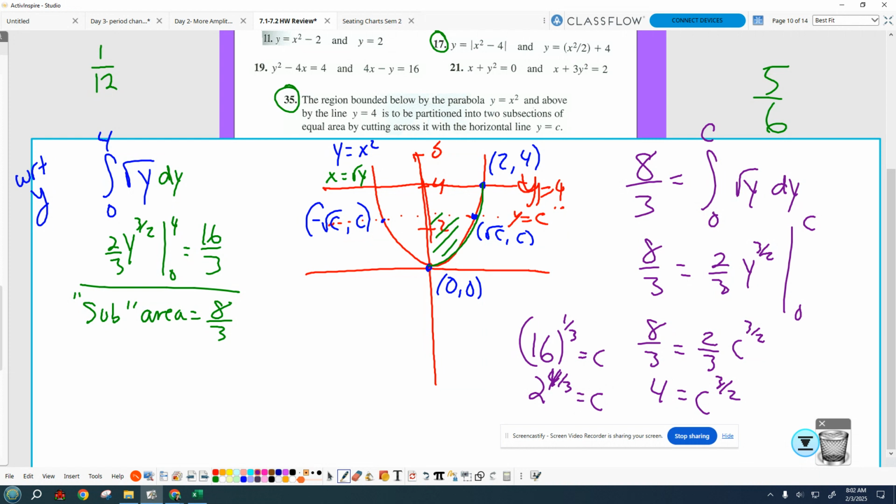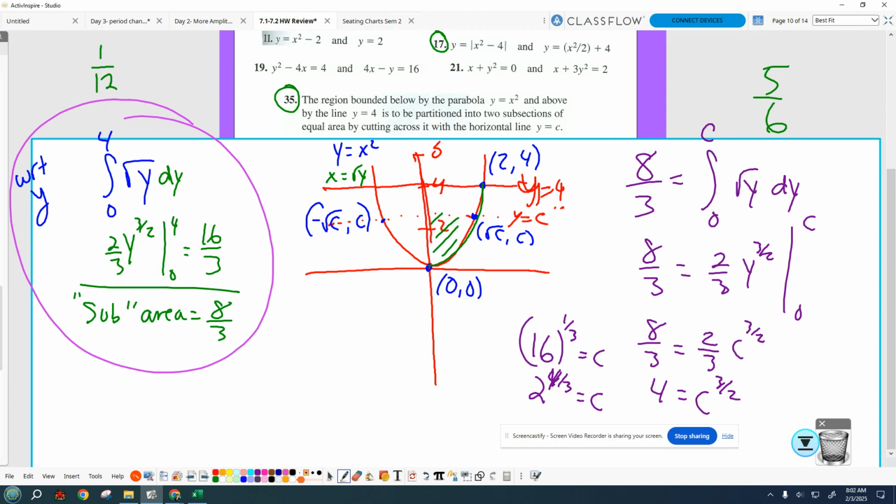So that's with respect to Y, which is easier. There are a lot of ways you could do this, and some of them are fiendishly complicated. But I like the way Evan started this one. He said, I'm going to find the area of the whole thing, and then find the spot that gives me just half. I would do that same process with the X's.